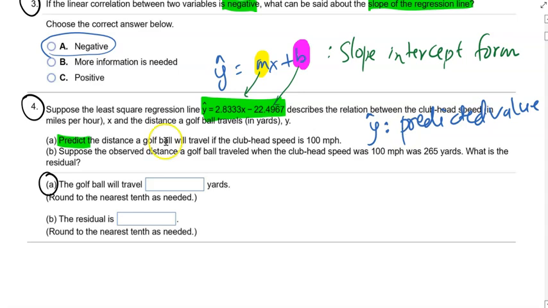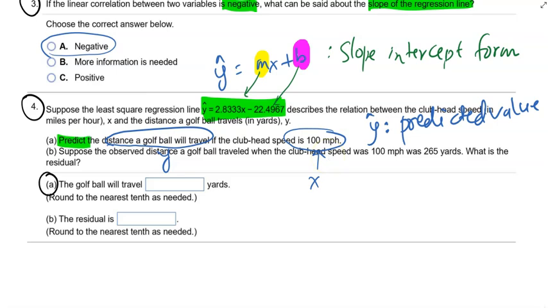The first question here is: predict the distance a golf ball will travel. In other words, predict y, if the speed is 100 miles per hour. This is the x. Whenever you predict and find y, that's called y hat.